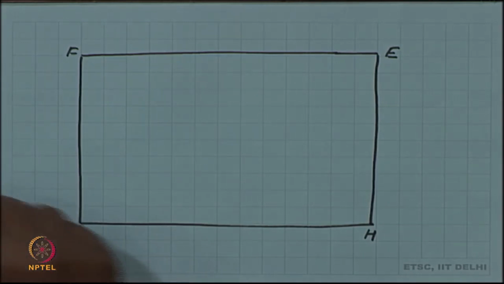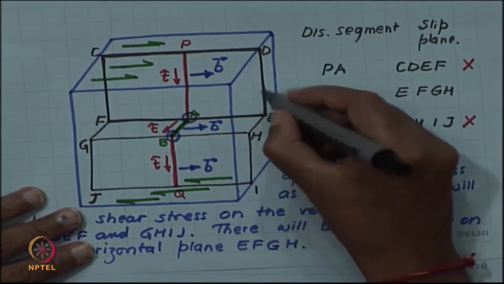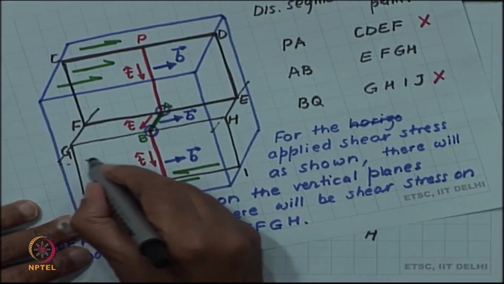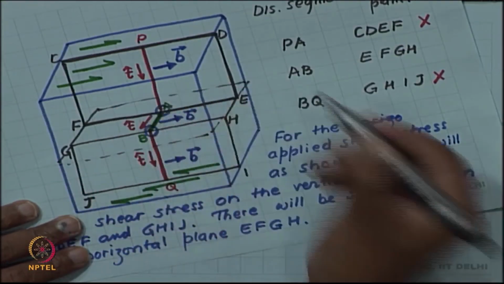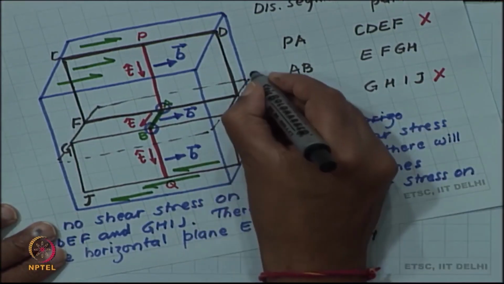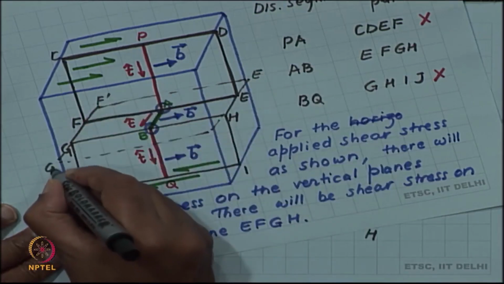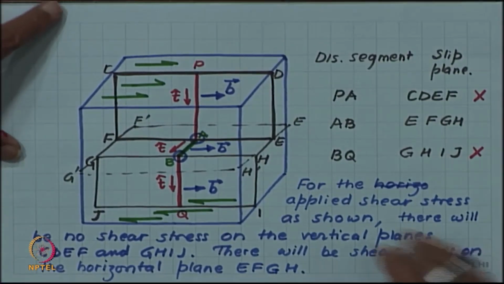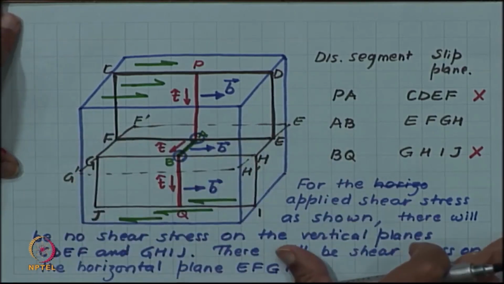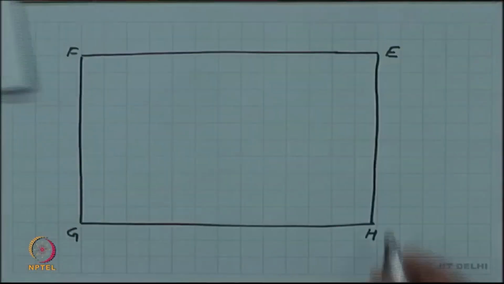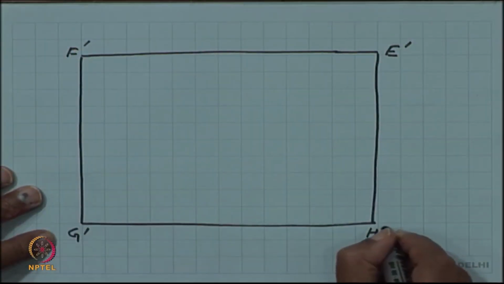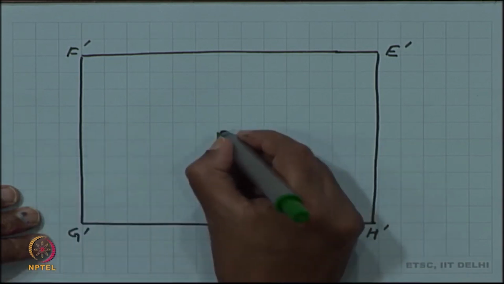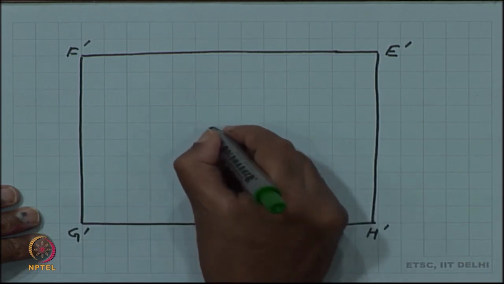Actually, really what I am drawing is a larger plane in the crystal, not just the EFGH strip, but let me call that E prime, F prime, G prime and H prime, of which EFGH is a part, and the dislocation segment AB is lying on it. So, I am drawing that plane E prime, F prime, G prime, H prime, and on it the dislocation line segment AB is lying, with A and B being the pinned points.